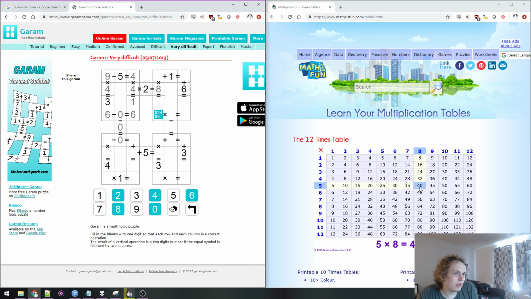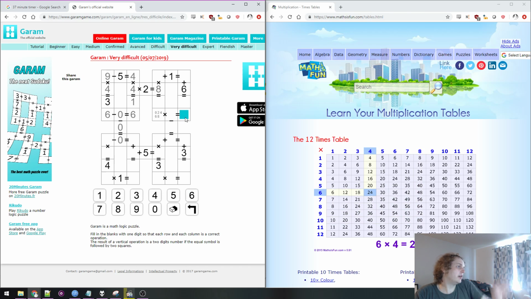That times something. So this is at most 5. Actually, we know it has to be an even number because these are all even numbers.